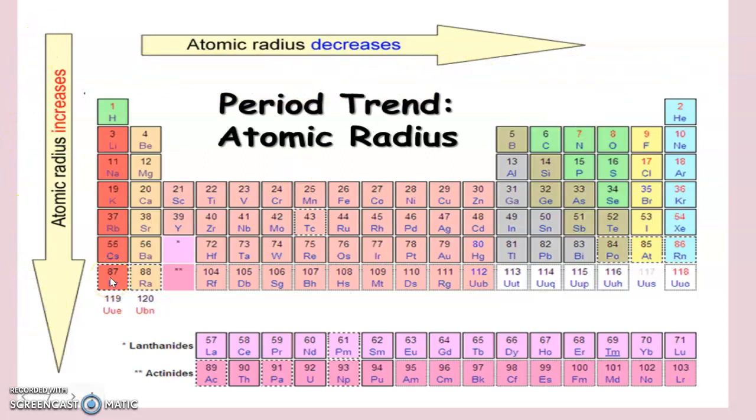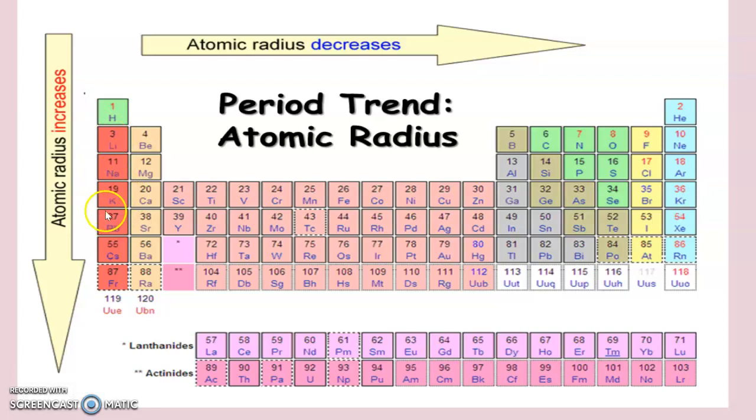So questions for periodic trends could be like, okay, which element has a smaller atomic radius, lithium or oxygen? Well, since we know that the atomic radius decreases from left to right, we would say oxygen, okay? And then we could do another question, which one has a larger atomic radius, lithium or potassium?